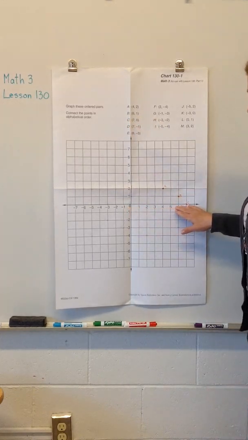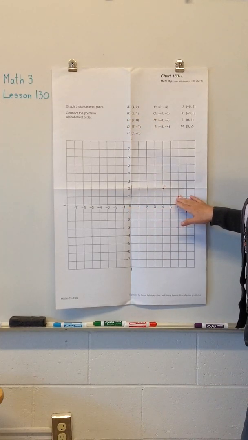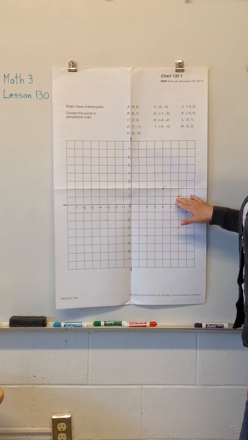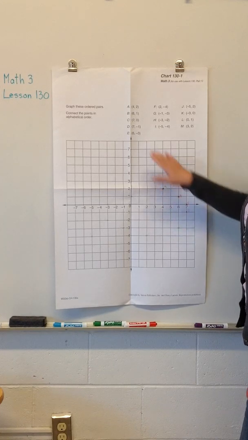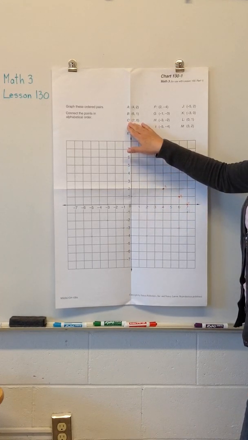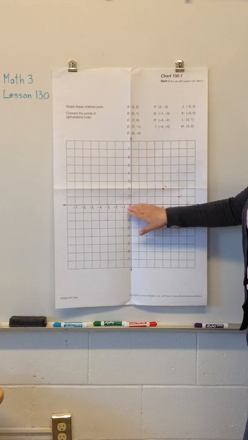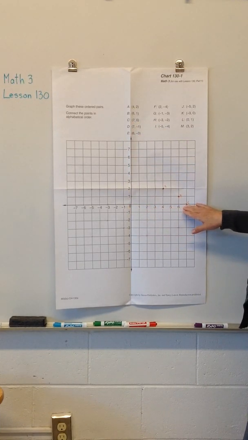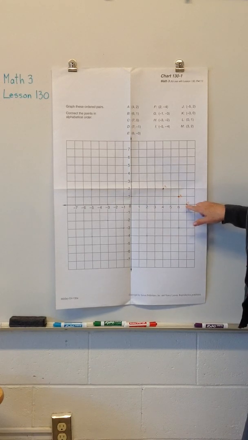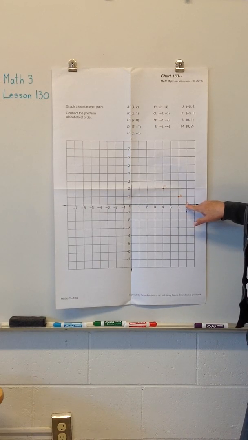Horizontal to 6. And then you're going to move up vertically 1 space, and that's where B will be. And then C, it's 7, 0. So 7 to the right, and then it's 0, so it just stays on that line.